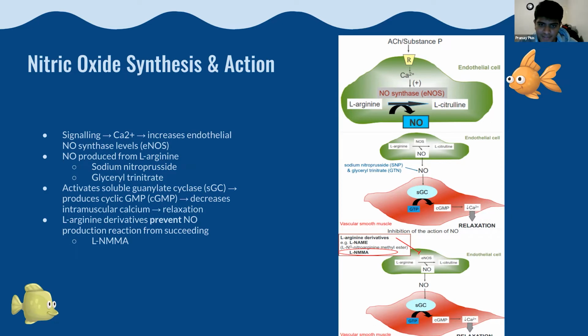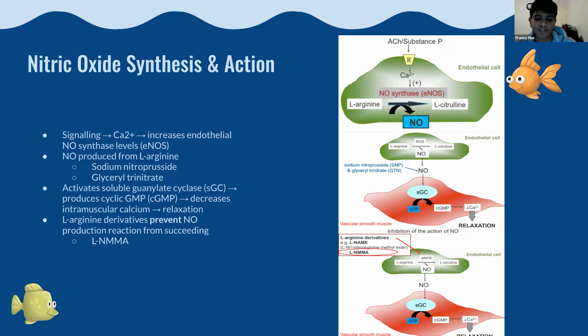Nitric oxide synthase then breaks down L-arginine into L-citrulline, and nitric oxide is released as a byproduct. That's a confusing reaction, but basically the breakdown of L-arginine causes nitric oxide to be released, and it's usually released in 2 forms, either sodium nitroprusside or glycerol trinitrate, which are the main forms of nitric oxide.